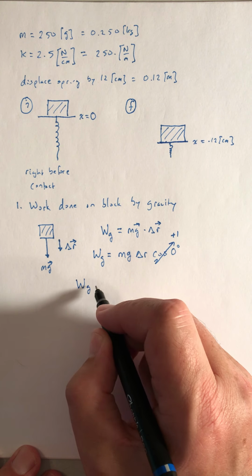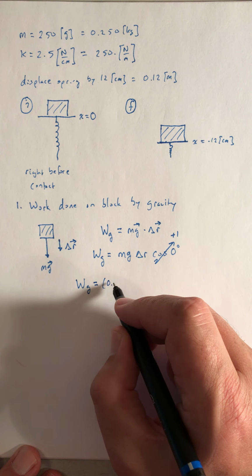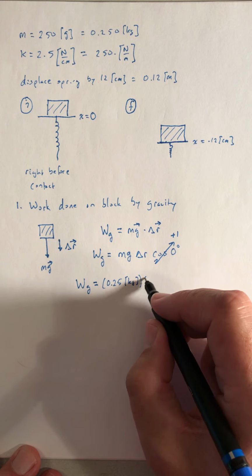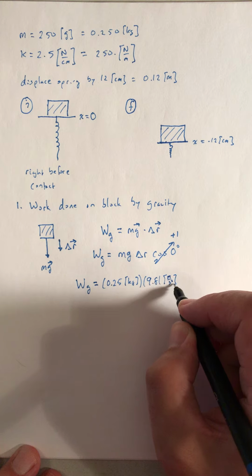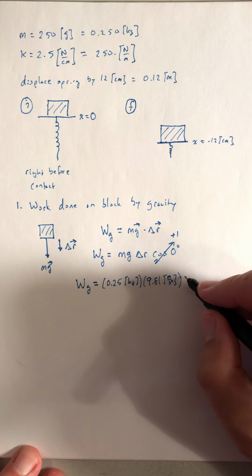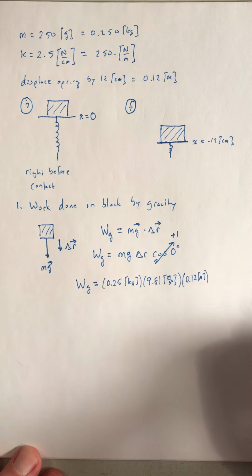So the work done by gravity, I put in my numbers, 0.25 kilograms on Earth, so 9.81 meters per second squared, goes through a displacement of 0.12 meters.